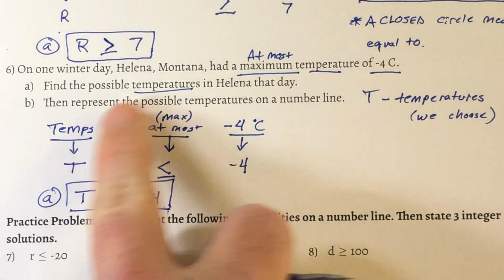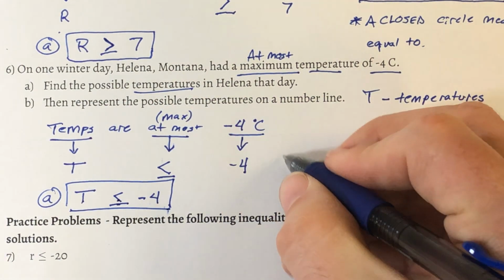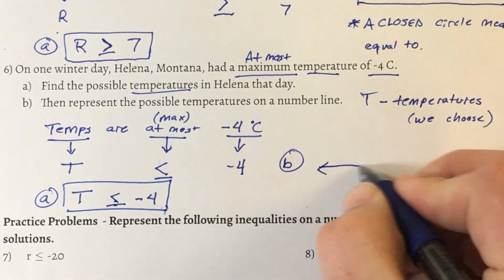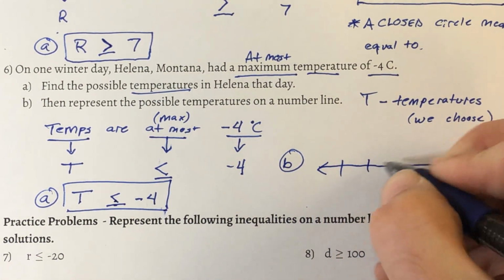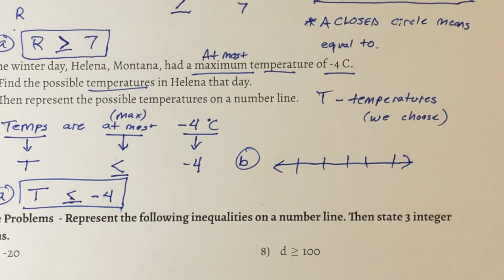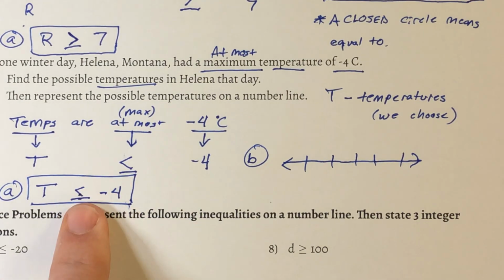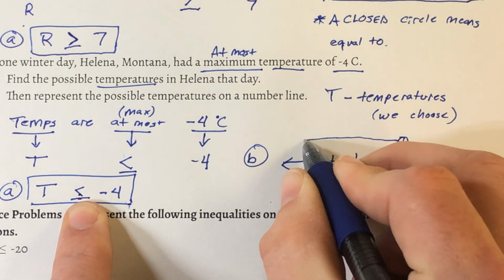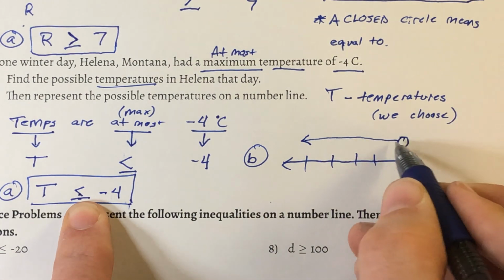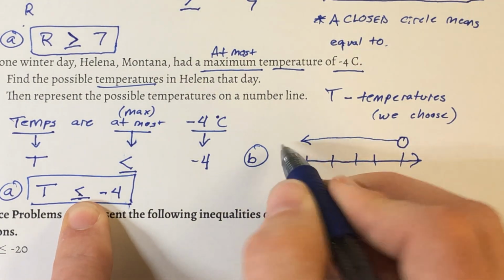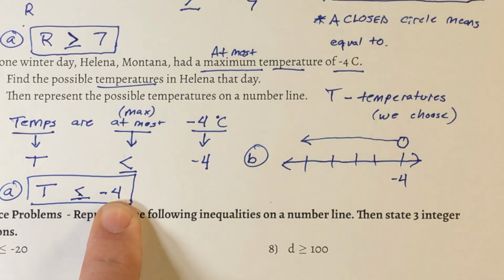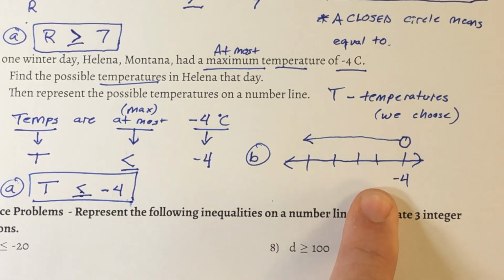Part B, represent the possible temperatures on a number line so we can see it visually. So number line that can fit 5 numbers. Next, going to use a shortcut. This less than or equal to sign looks like a left arrow, so I'm going to draw a circle with an arrow going left. So essentially I'm pointing to all the numbers that are less than. My number of -4 is going to go under the circle. All right, what's less than -4?